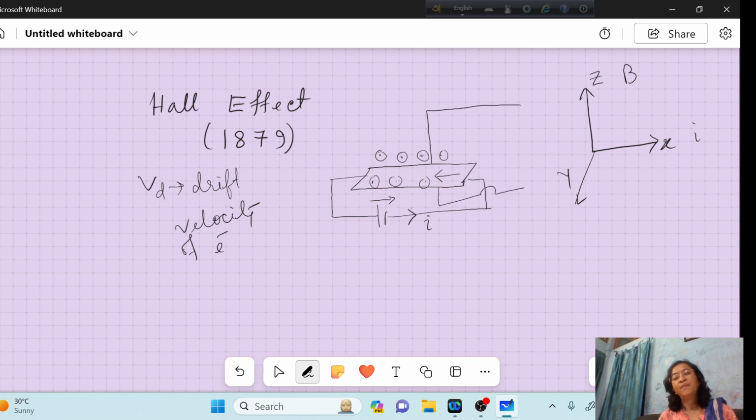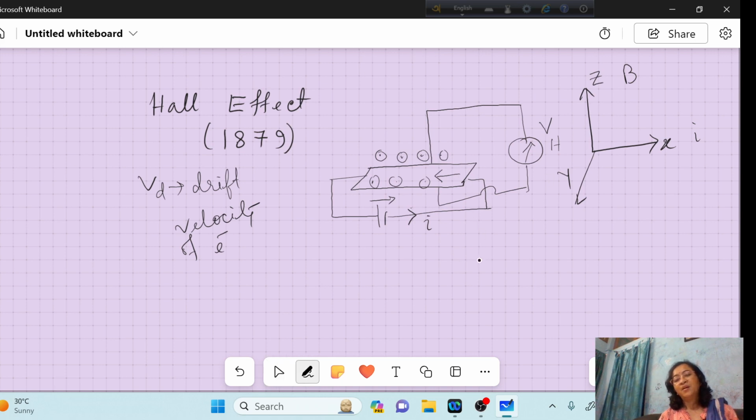This voltage develops across the two surfaces of the specimen, and we can measure it. This voltage is known as the Hall voltage, and the whole effect, that means the development of a transverse electric field when a conductor carrying current is placed in a magnetic field perpendicular to the direction of current flow, is known as the Hall effect.